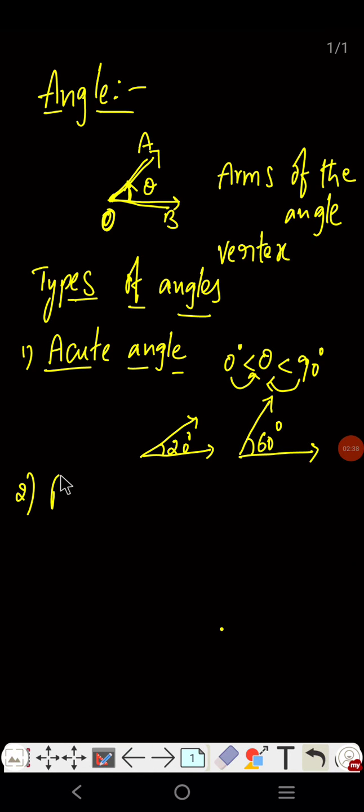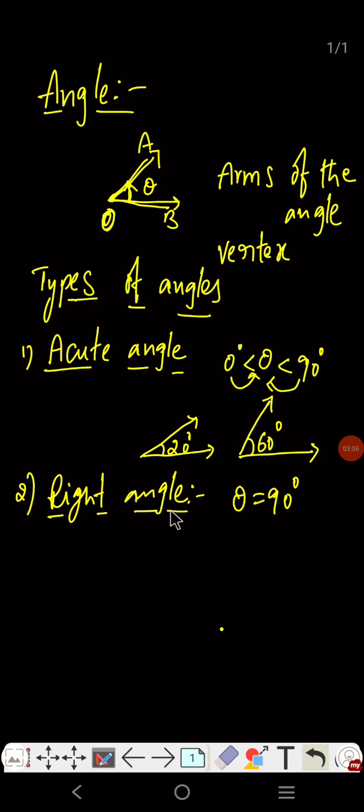The next one is the right angle. A right angle means an angle whose value is exactly 90 degrees, that is, theta is equal to exactly 90 degrees. Then that angle is called the right angle. Between the two rays the angle must be exactly 90 degrees.